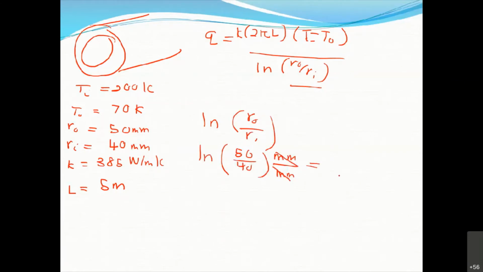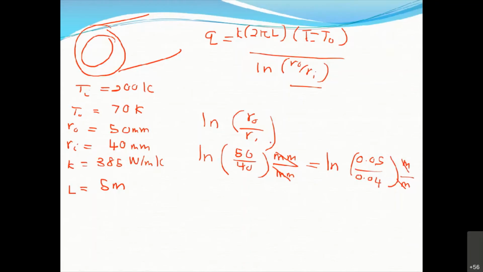The answer will be the same if you put ln 0.05 over 0.04, which is meter over meter. So if you put it in your calculator, you should get the same value. So if you think that you will be able to solve this without changing the units, go ahead.